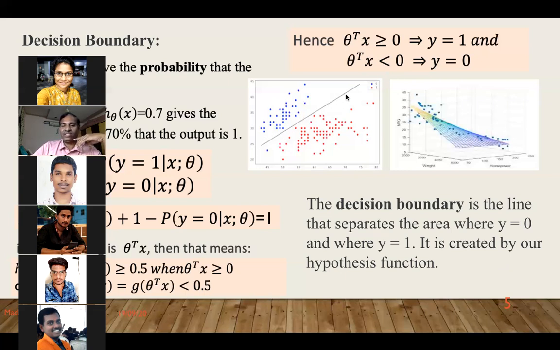That's why h theta x gives a boundary of division of positives and negatives. You shouldn't see it as a regression line. We are not regressing any value now, we are just dividing them. We will see whether h theta x is greater than 0 or less than 0. So that's why this line or this plane becomes the boundary function for logistic regression.